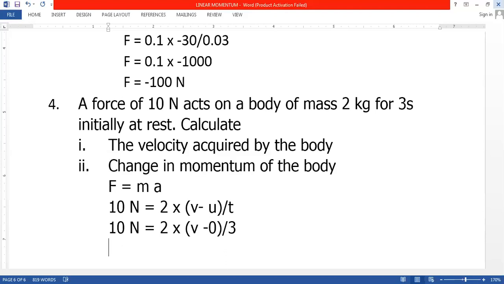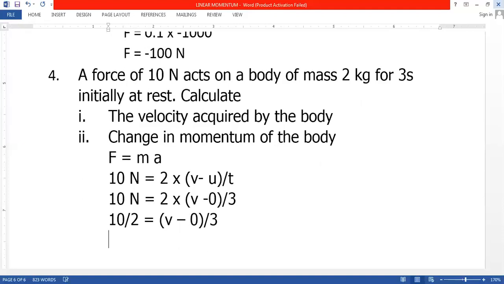Okay. So how we will get the answer? So V minus 0 divided by 3 into 2 is equal to 10. Start solving. Or should we change the subject of the formula first? Yes, sir. We'll do it like this. So this is in multiplication, it will go in division. 10 upon 2 is equal to V minus 0 divided by 3.